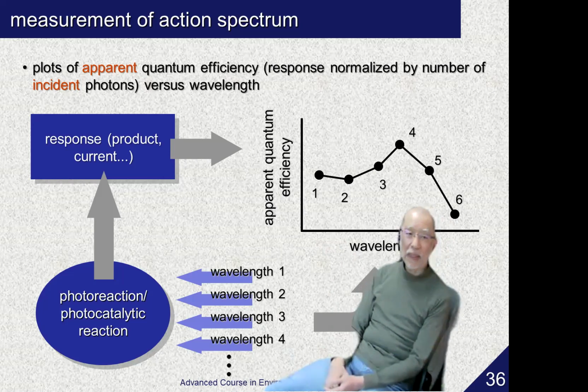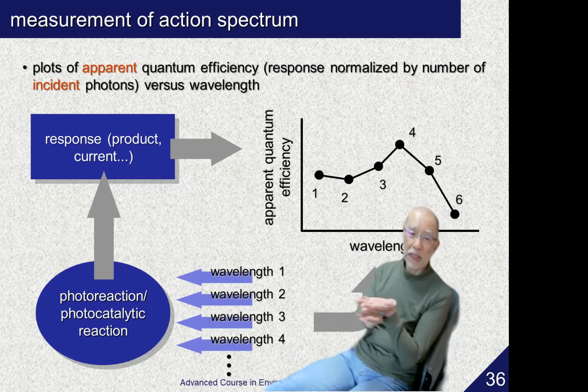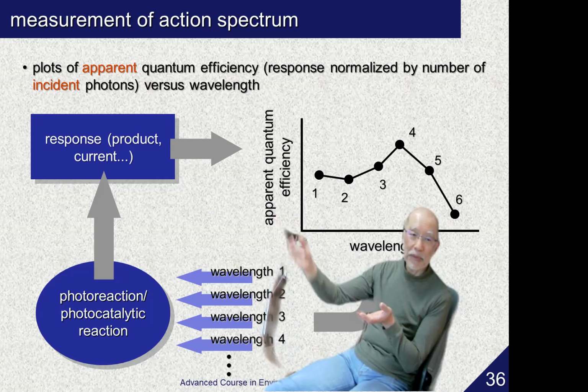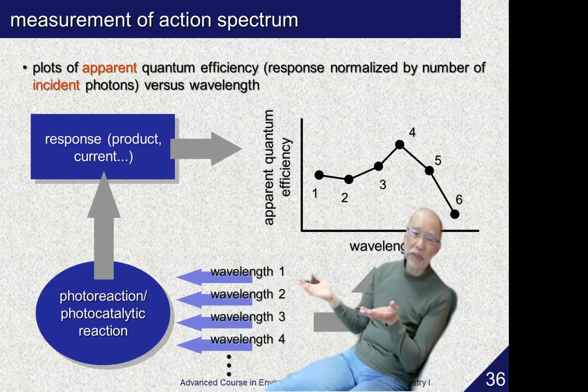And true quantum efficiency is the reaction rate divided by absorbed photons. For apparent quantum efficiency, that is not absorbed, that is incident photons.